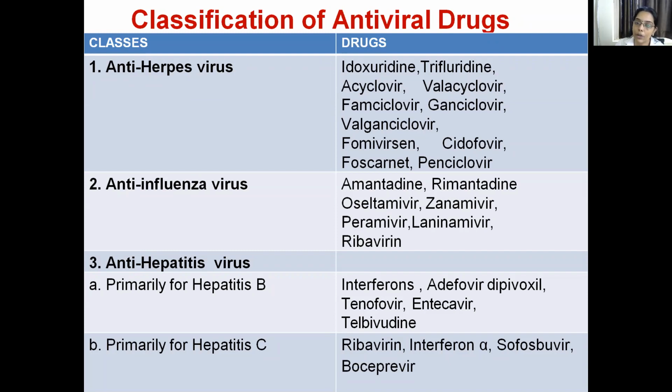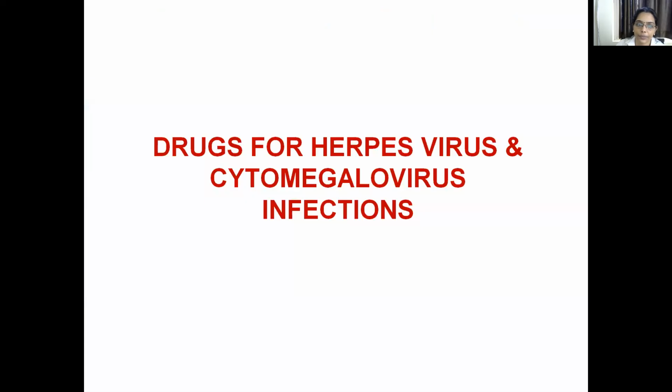So remember acyclovir, valacyclovir, ganciclovir, valganciclovir. Then next you have penciclovir and famciclovir. The next ones are cidofovir, idoxyuridine, trifluridine, foscarnet, and fomivirsen. So let us go through the drugs one by one.